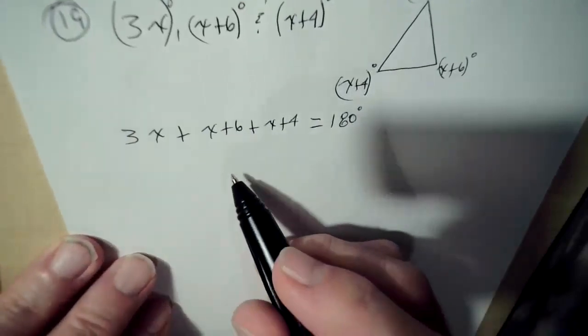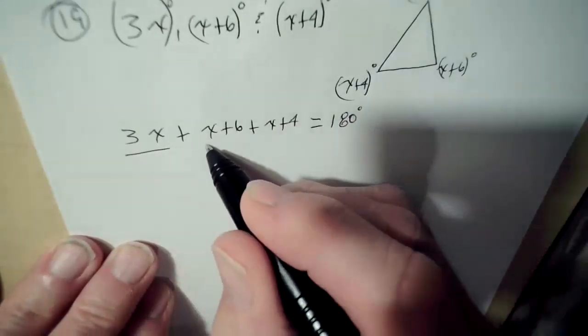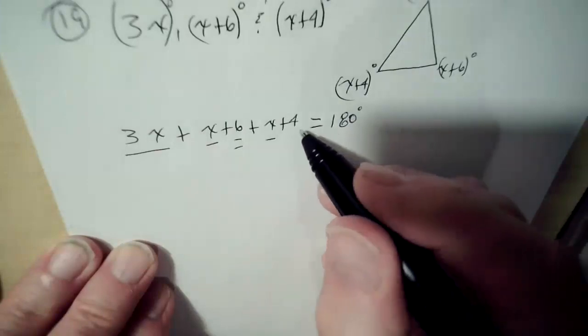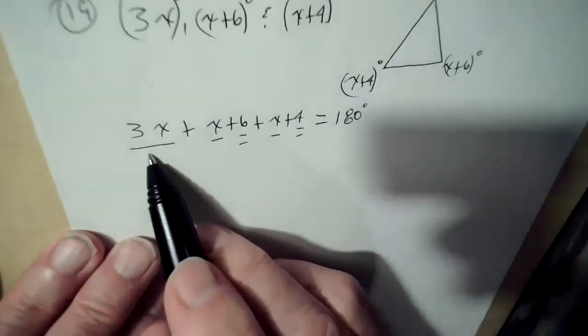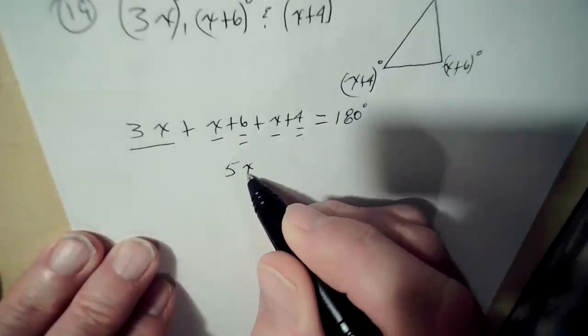This is really a very simple problem, but you look at it and think, oh my God, I can't do this. Well, I do that anyway. So we combine like terms, 3x's, 1x, 1x, and then we have numbers. Those are called constants. 3, 4, 5.